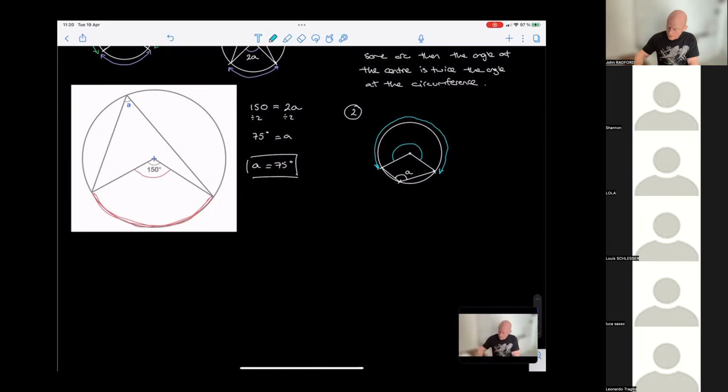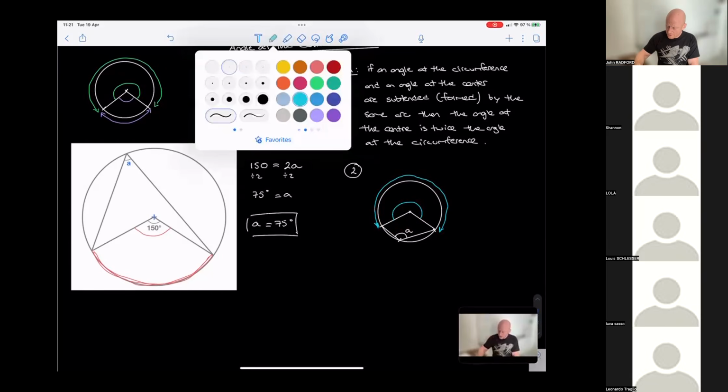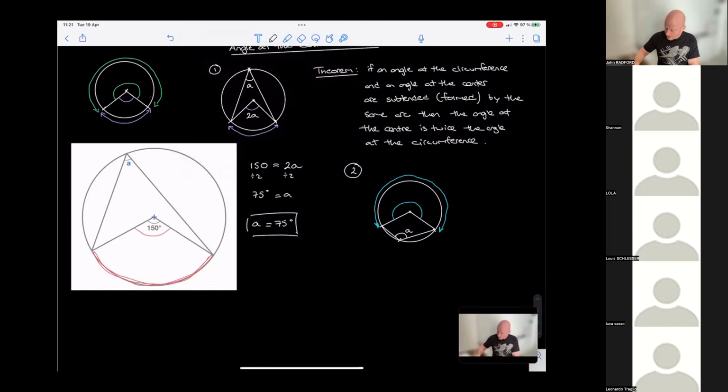Okay. Since we have an angle at the circumference and an angle at the center, which are formed or subtended by the same arc, this angle and this angle, we can use this theorem and state that the angle at the center has to be 2a. It's got to be 2 times bigger.